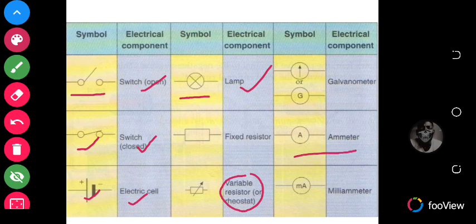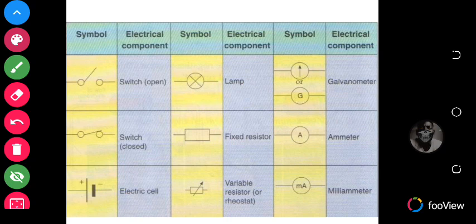An ammeter is used to measure the electric current passing through your circuit. So an ammeter is drawn this way, a circle with an A inside. Okay, so for now you can get to know this, that, this, and this.